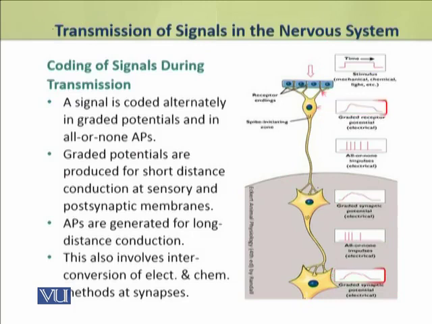The graded potentials are produced for short distance conduction at the sensory and postsynaptic membranes, while action potentials are generated for long distance conduction along the axons. This coding also involves interconversion of electrical and chemical methods at synapses.